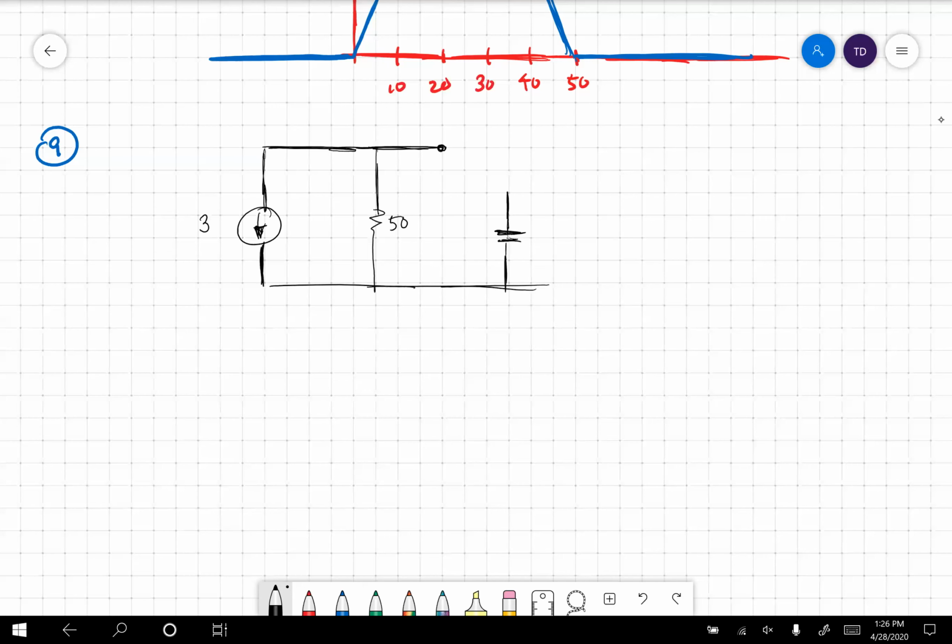So this is 625 nanofarads, and this is where the switch is. So the switch is over in this position, and it's going in this direction at t equals 0.